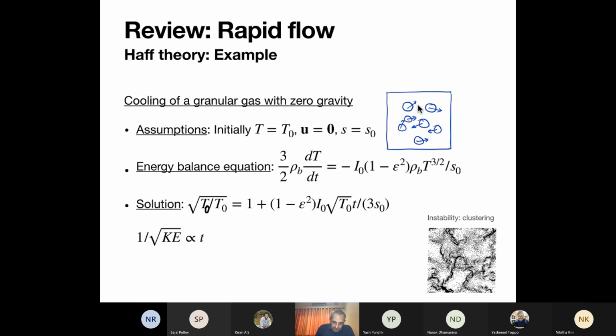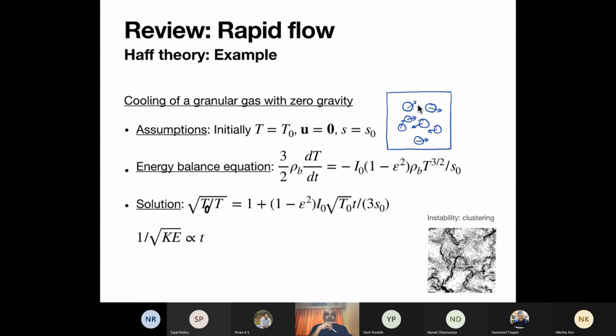It should be T0 by T. So 1 by square root of temperature is proportional to time, which means 1 by square root of the kinetic energy of the particles is proportional to time.